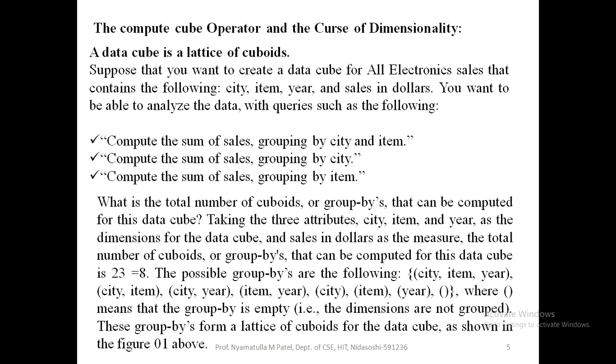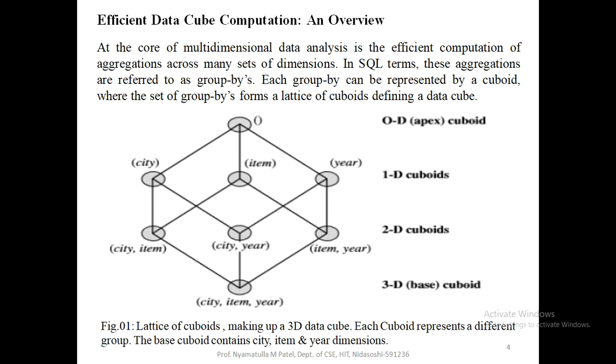The group bys form a lattice of cuboids for the data cube, as shown in the figure. So, what is present in this cuboid?